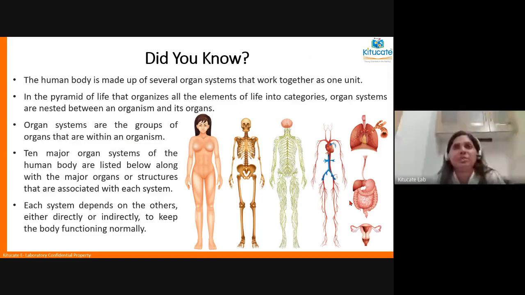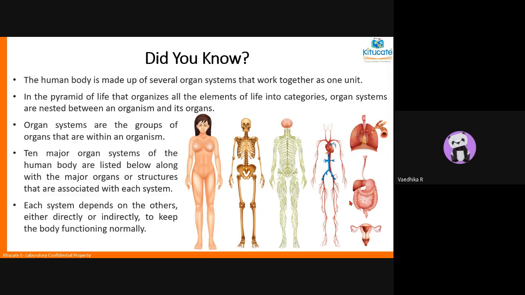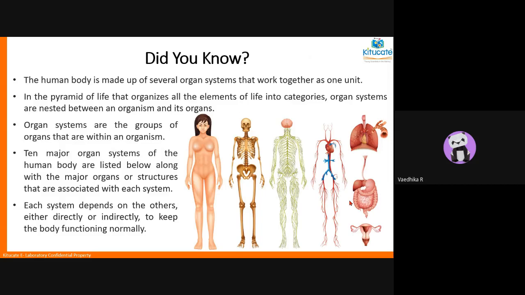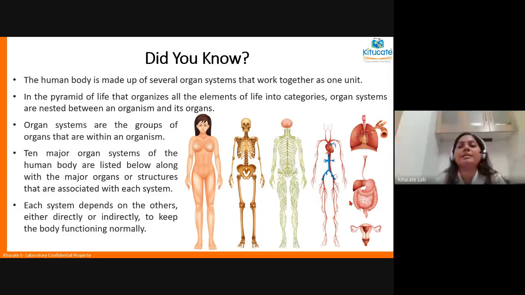And what happens when a group of tissues come together? It forms organs. And when multiple organs come together, then it is called an organ system. And when many organ systems come together, then an organism is formed.